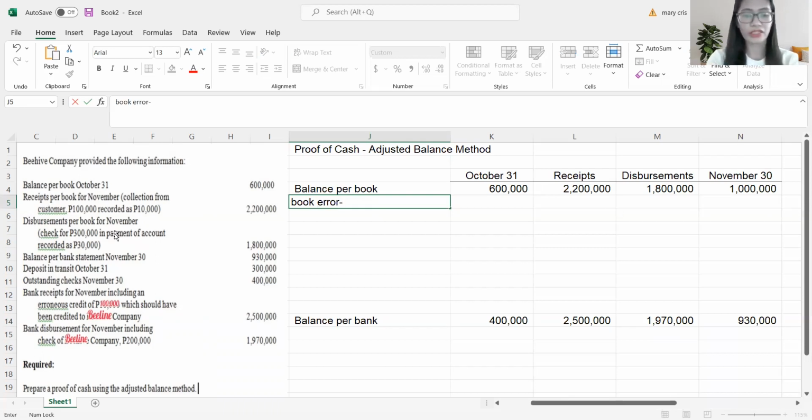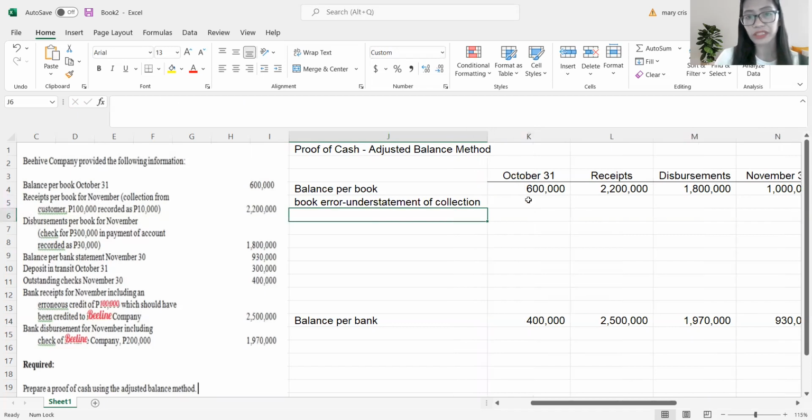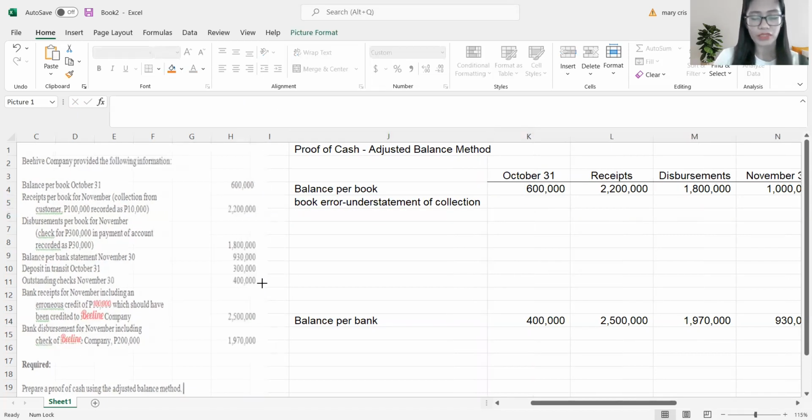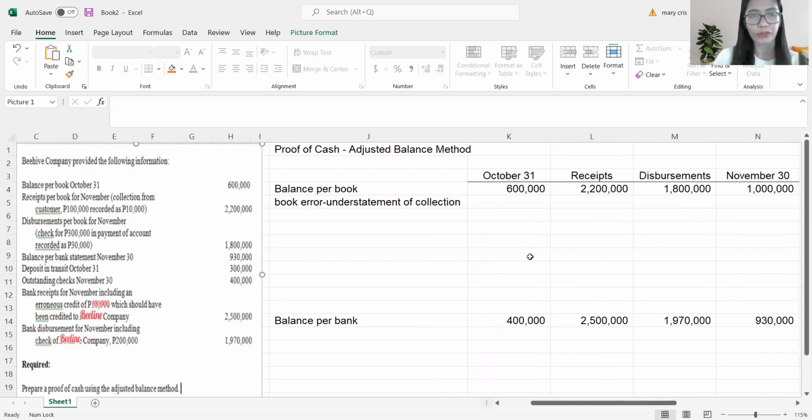Tapos, there is understatement of collection. So, instead of 100,000, yung kanyang ni-record lang ay magkano lang yan? 10,000. So, there is understatement of 90,000.